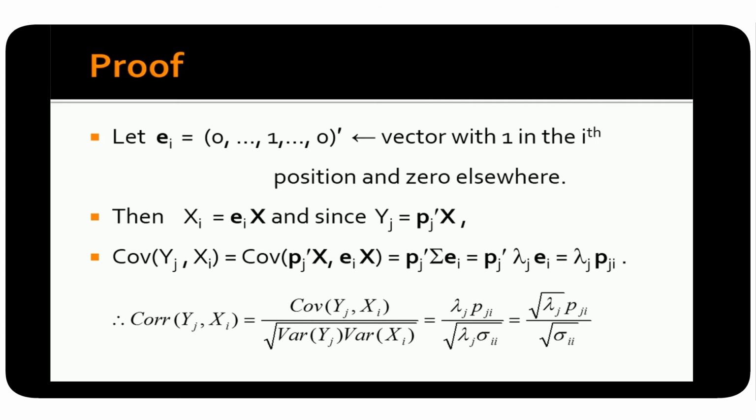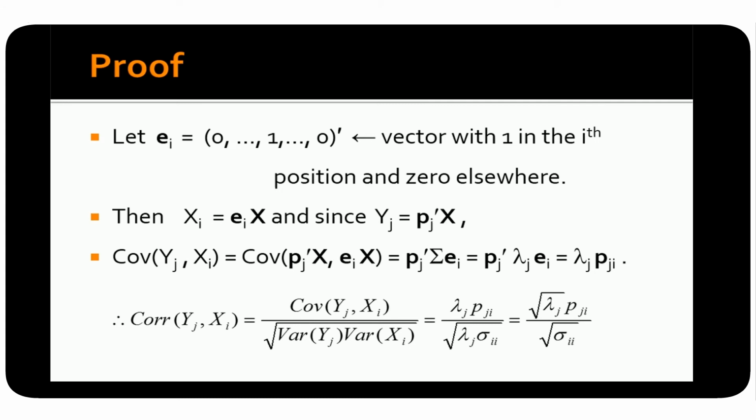Now, sigma p_j, remember, is lambda j p_j. Therefore, this covariance can be written as e_i prime lambda j p_j, and if you take lambda j out, it becomes e_i prime into p_j.